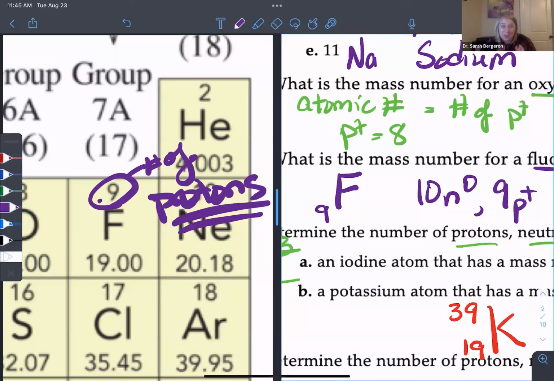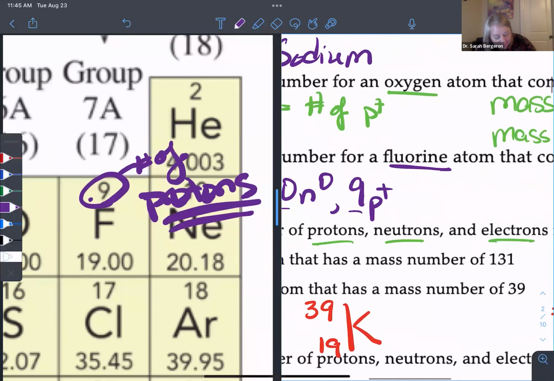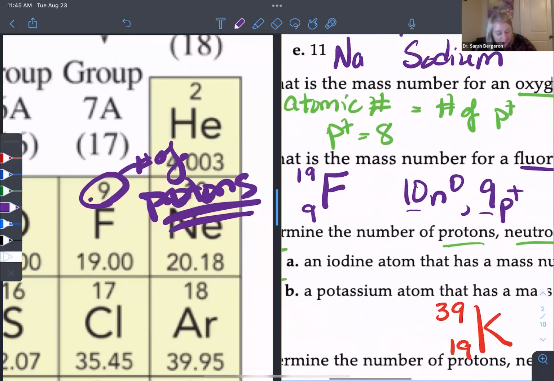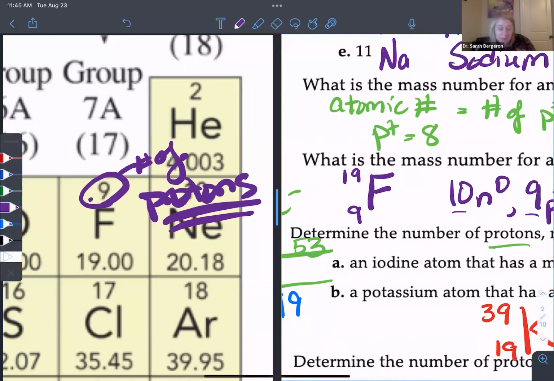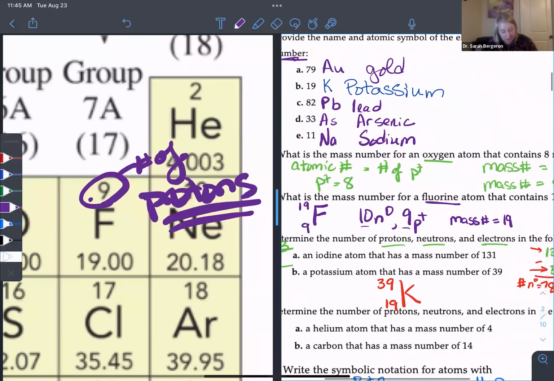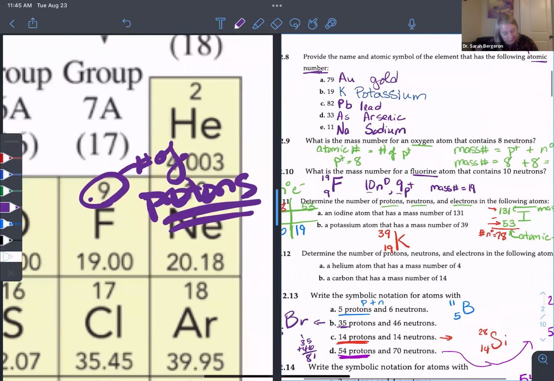So from that, we can take the number of neutrons plus the number of protons and get the mass number. So the mass number is just the addition of these two. So the mass number is 19. And to put it into the symbolic notation, you put the 19 at the top and you put the 9 at the bottom. Okay. All right.